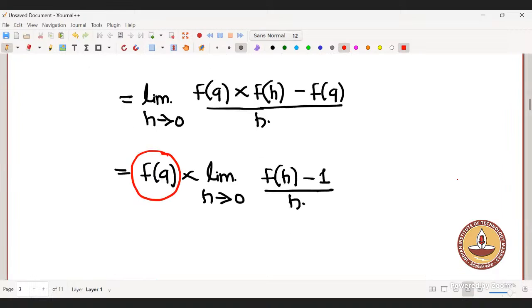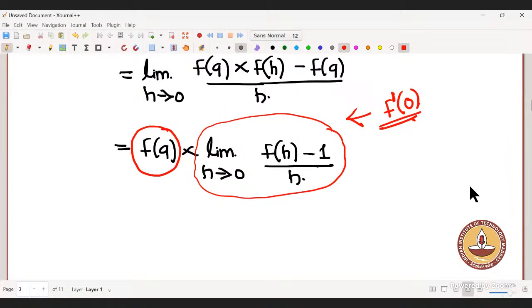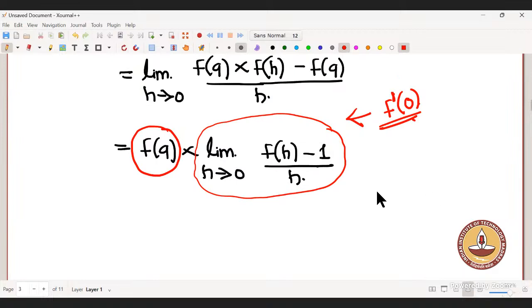That means you have to write this thing in terms of f dash of 0. Can you write it in terms of f dash of 0?